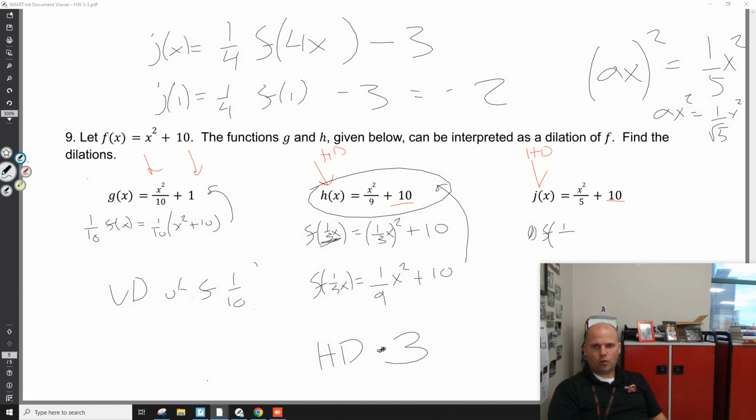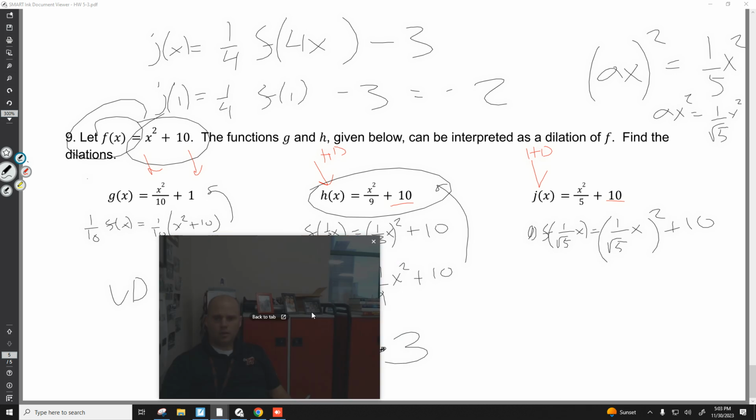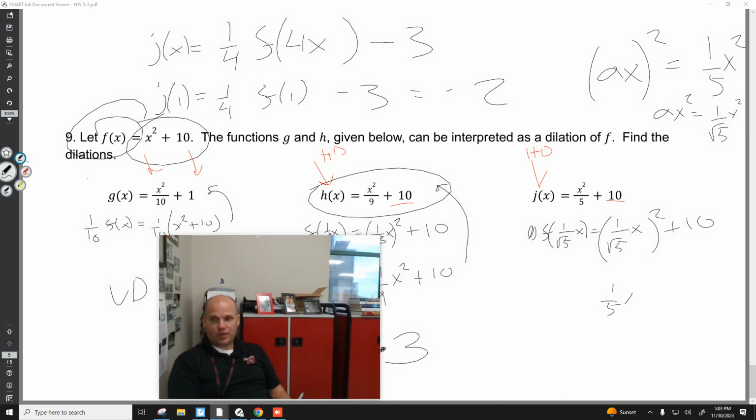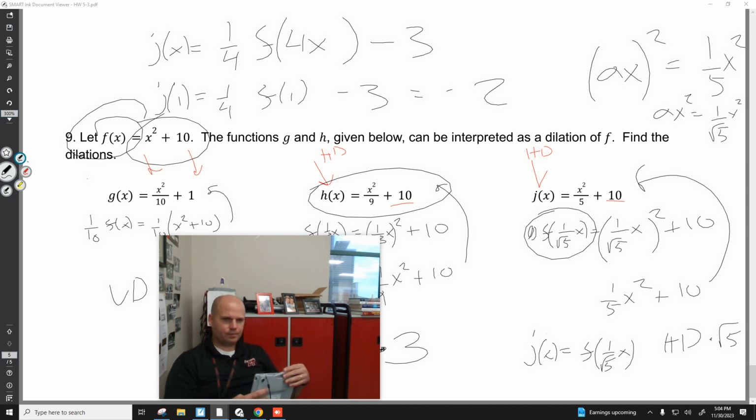F of 1 over root 5 x equals 1 over root 5. Again, I'm looking at f here. X quantity squared plus 10. That becomes 1/5 x squared plus 10. This being the same as this, j equals f of 1 over root 5 x, which is a horizontal dilation by a factor of root 5.